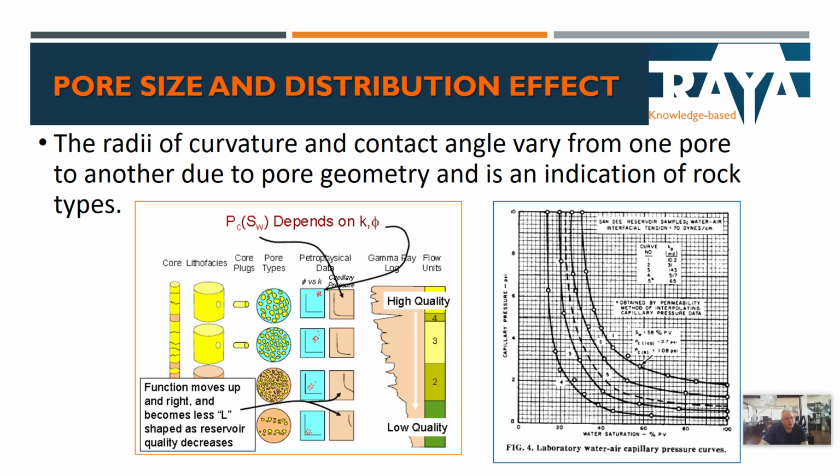And in the right figure, you see the drainage curves change based on rock porosity and permeability, where the rocks with smaller porosity and permeability move to the right side of the plot.